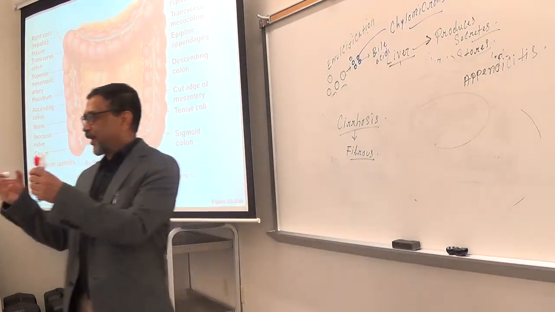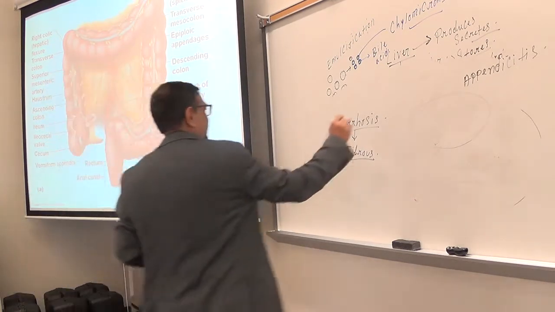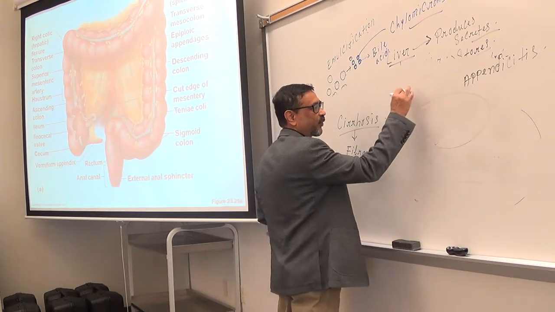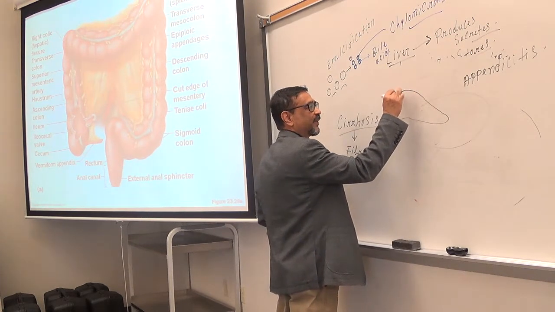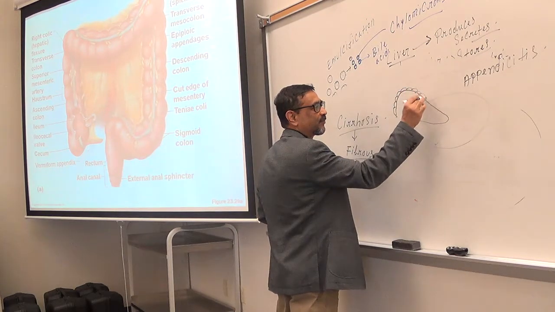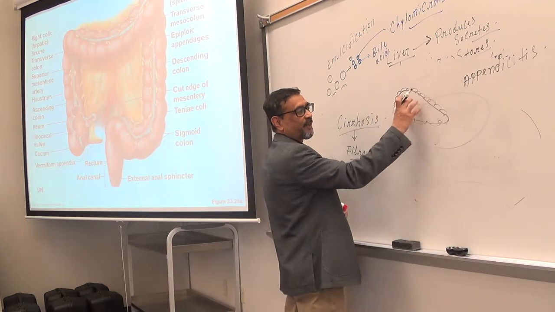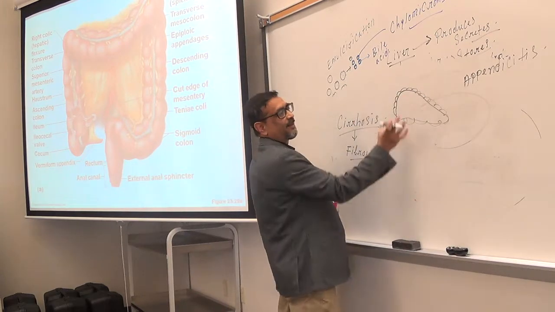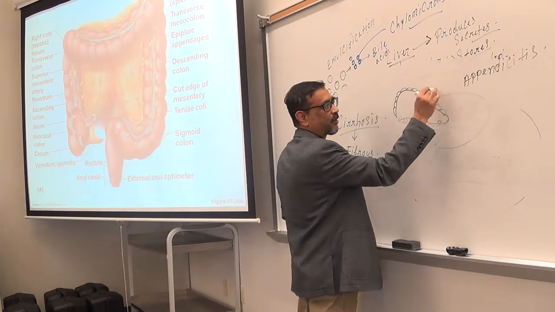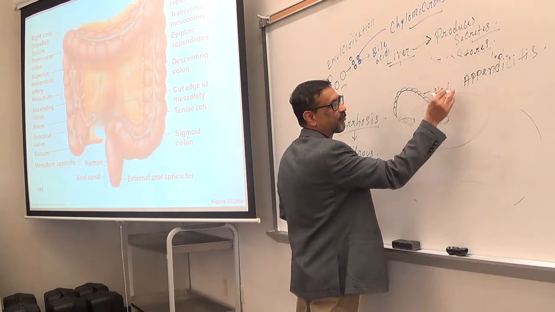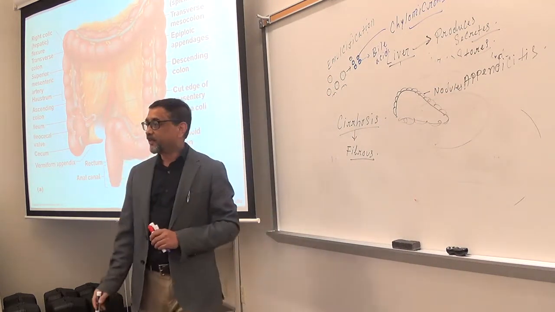And if you see the cirrhotic liver, you'll see the surface of the liver is not smooth. The surface gets a lot of lobules like this, nodules. So this is a cirrhotic liver. The tissue becomes hard and fibrous, the liver shrinks, and the liver has a lot of nodules on the surface. That is cirrhosis.